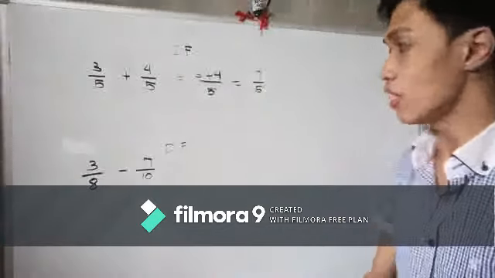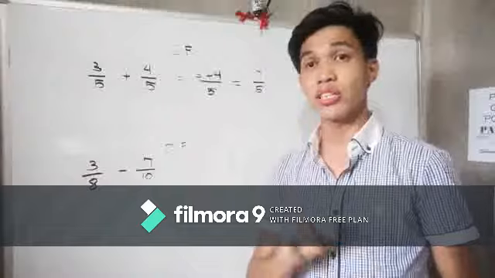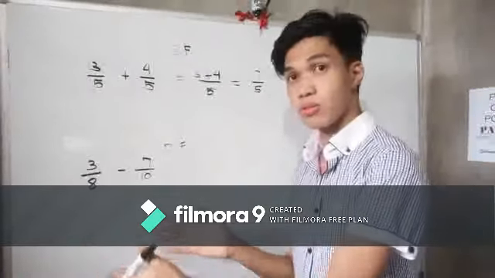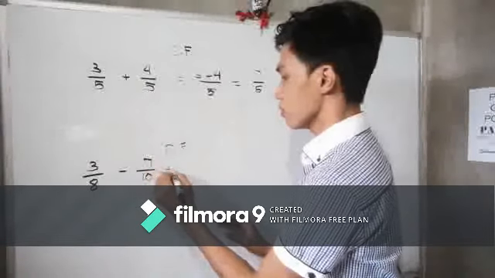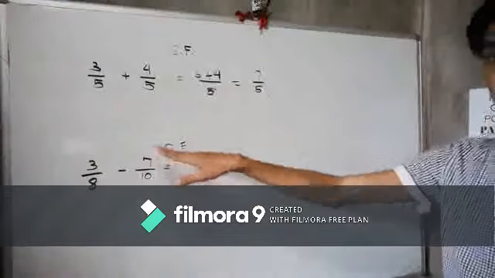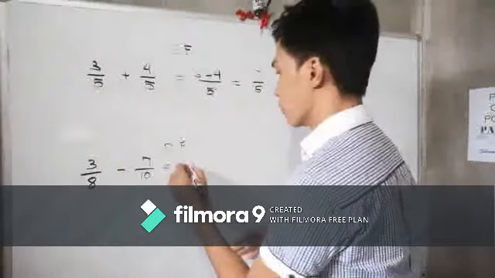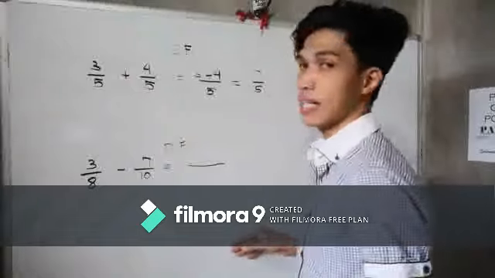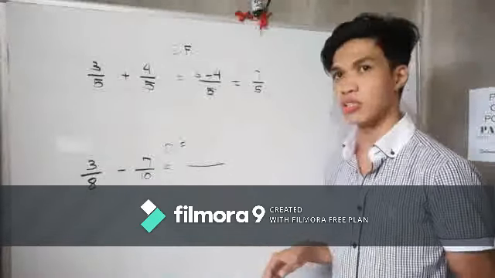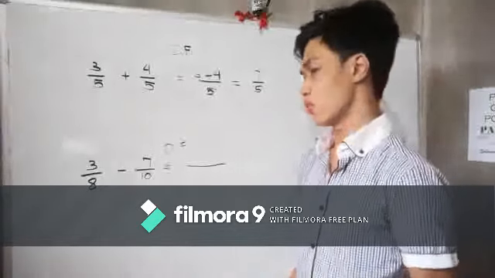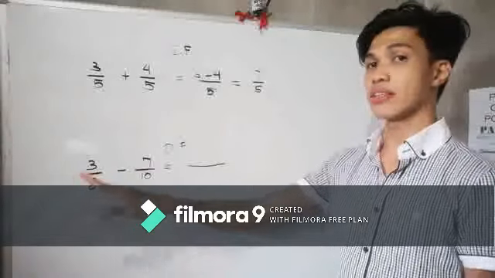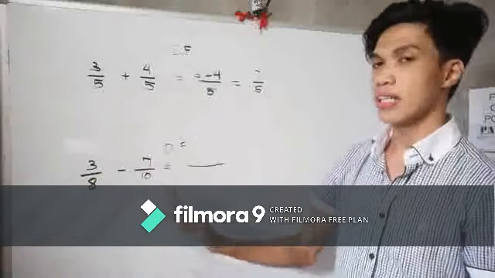Now, let's go to addition and subtraction of dissimilar fractions. So let's do the second given. Again, we have 3 over 8 minus 7 over 10. This is our fraction line; some of my colleagues call it the division line. We have different denominators, 8 and 10.